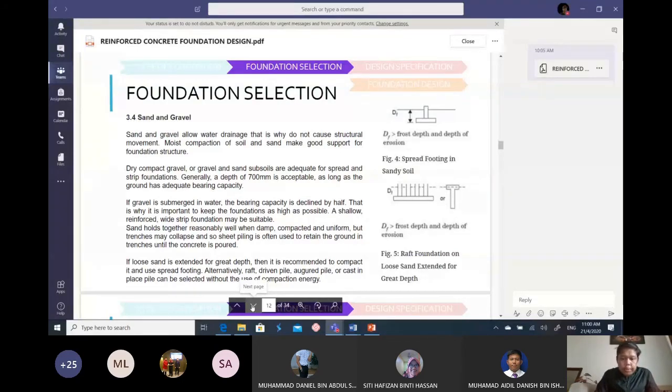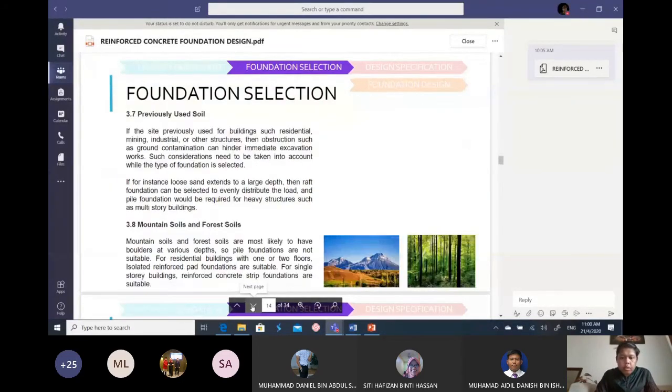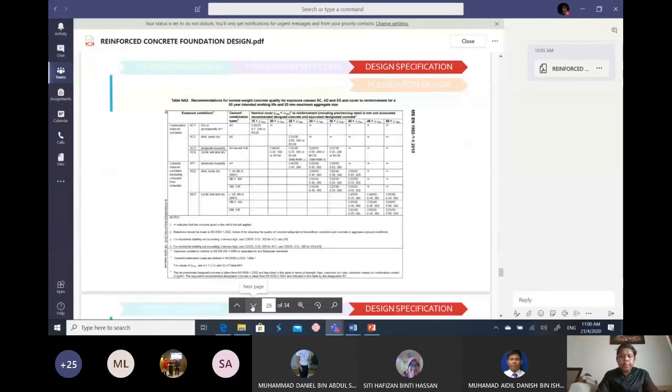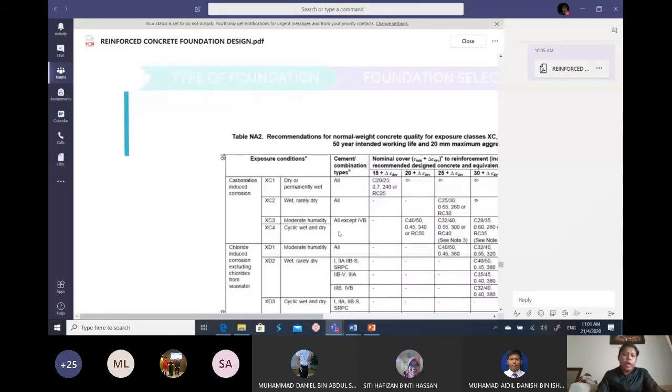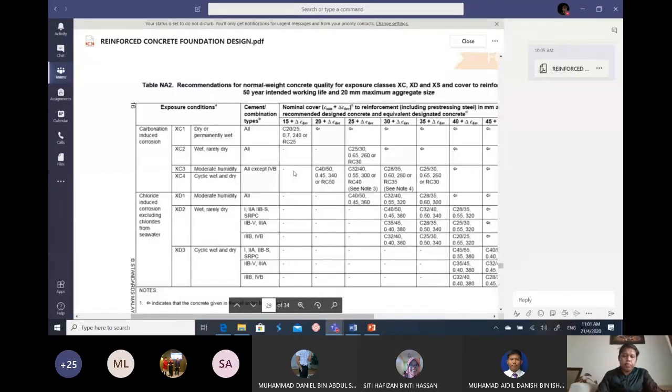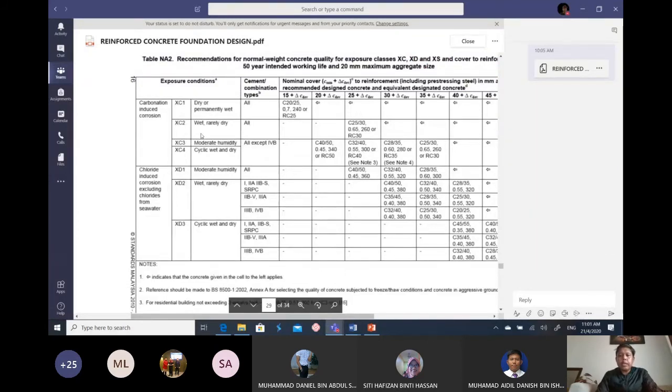Kita punya foundation exposure class is XC3. So contohnya grade kita pakai grade 40. So means that our minimum nominal cover here is supposed to be 30. Maksudnya C minimum here is 20 mm.